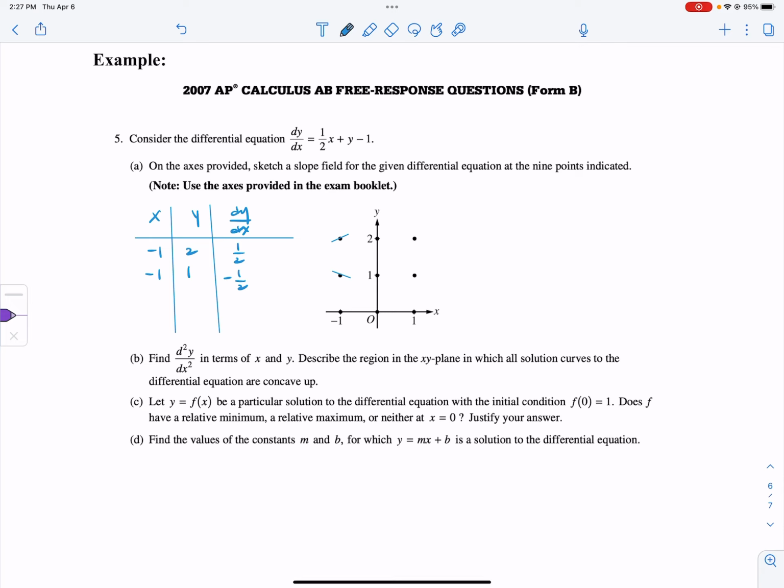Okay, and then -1, 0 is -3/2. Instantly looks steeper than 1. Okay, and then how about 0, 0? 0, 0 ends up being -1. Okay, and then extend my table over here.